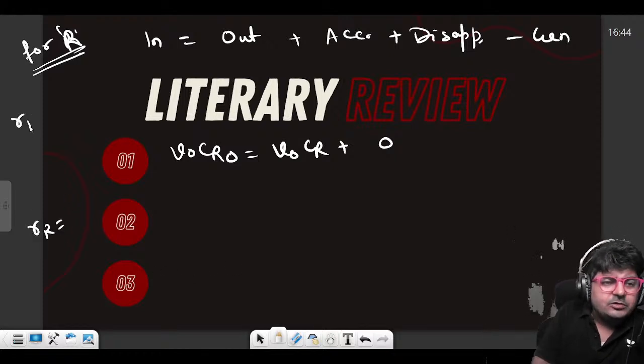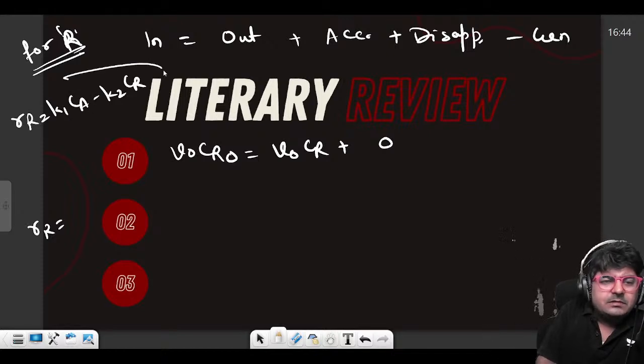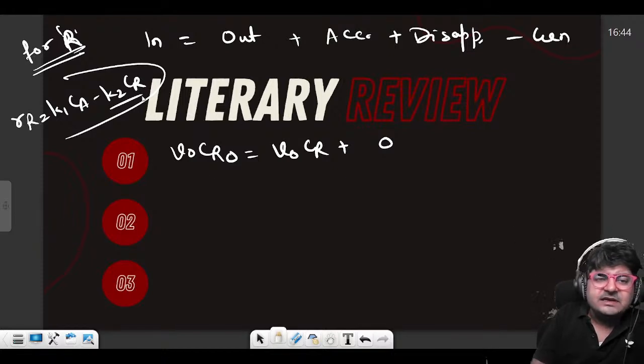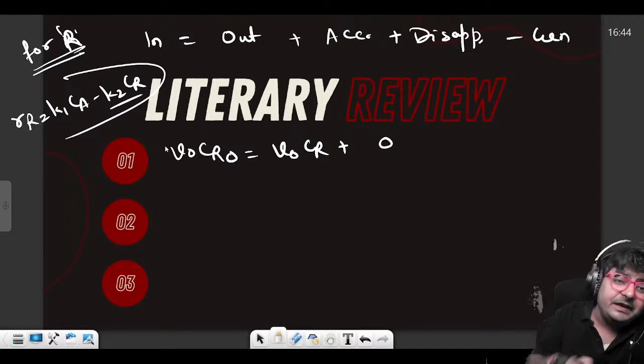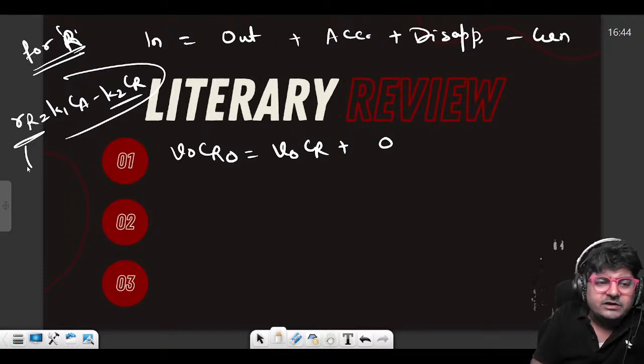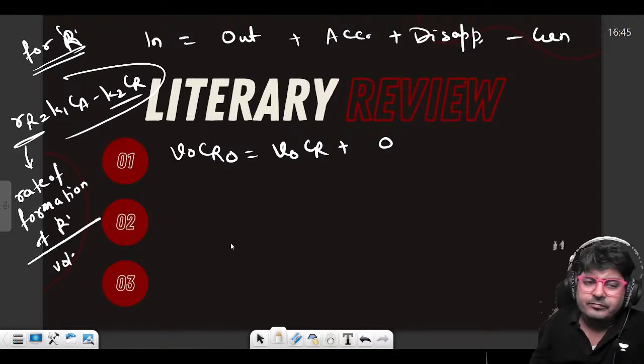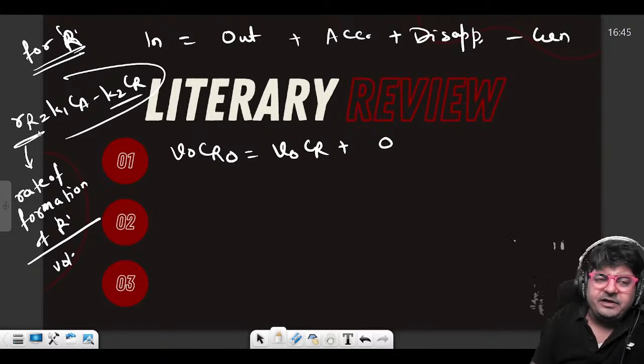You took RR equal to K1 CA minus K2 CR. Okay. Matlab this K2 CR is the disappearance term which you have already included in RR. And what is RR? Rate of reaction, or you can say rate of formation of R per unit volume. Correct? Or rate of reaction in terms of formation of R, whatever you like to say.